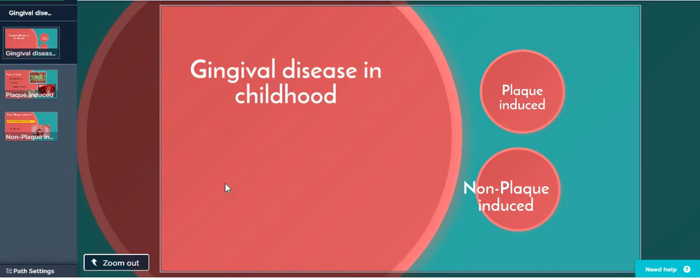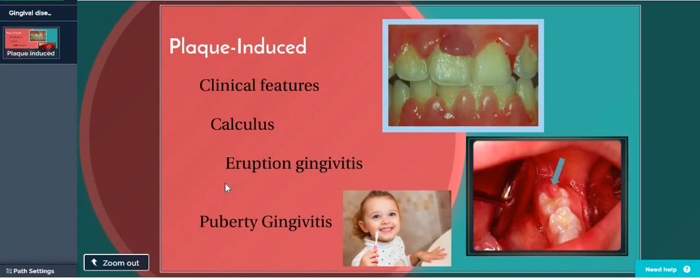So, in case of plaque-induced gingivitis, we know that gingivitis is extremely common in children and adolescents, affecting up to 70% of children older than 7 years of age. Inflammation is generally limited to the marginal gingiva here, with undetectable loss of attachment and alveolar bone.